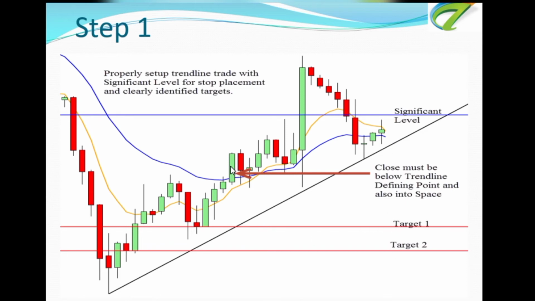It's the end of the space as we have discussed, and this other advanced space finishes here. So we made 2 targets for this, and we will have a stop above this significant level. Okay, this is a properly set up trend line trade with a significant level for stop placement and clearly identified targets.